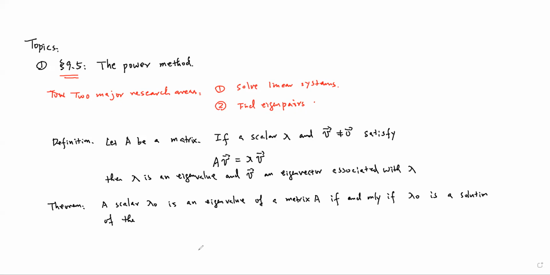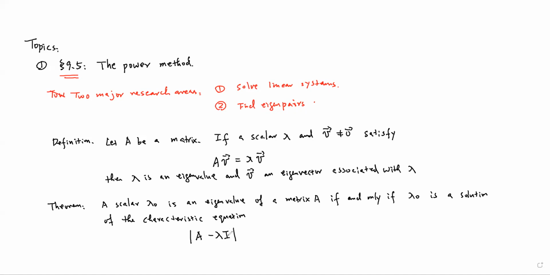We call this the characteristic equation. The equation is the determinant of A minus lambda times the identity matrix.